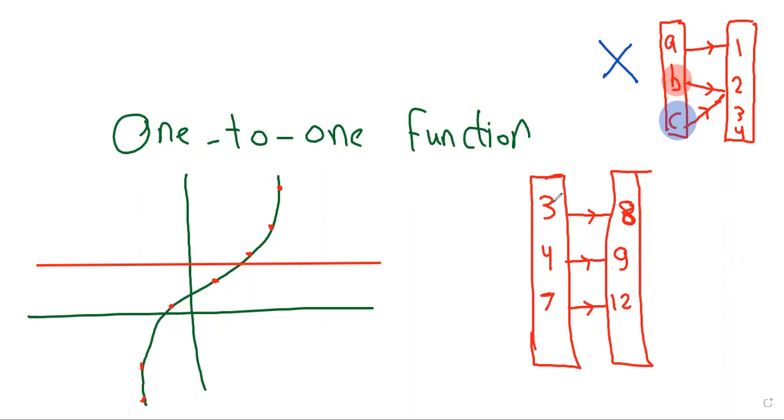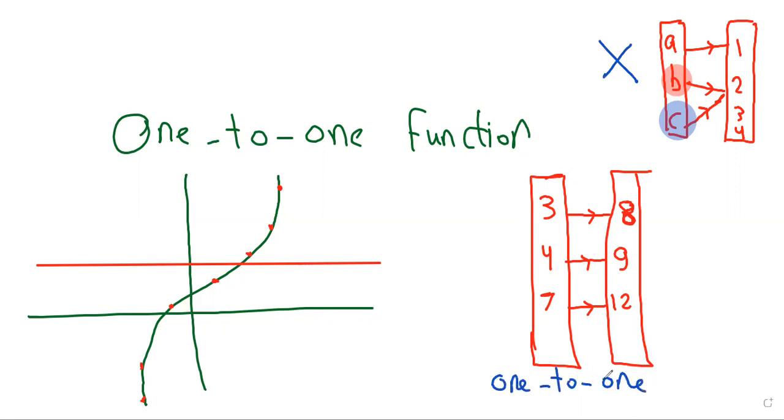And if we look at this example, you will find that 3 is related with 8, 4 is connected with 9, and 7 is connected with 12. So this function is one-to-one.